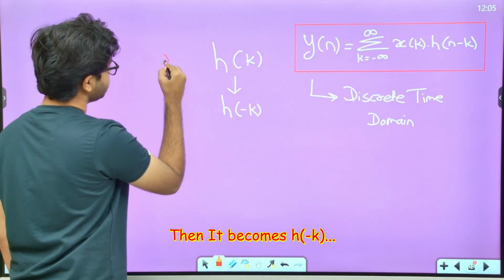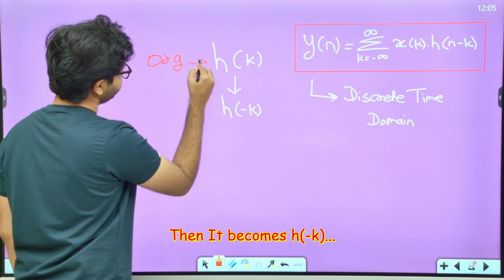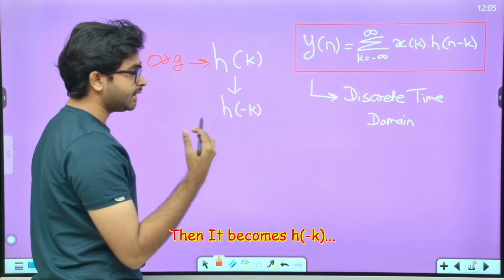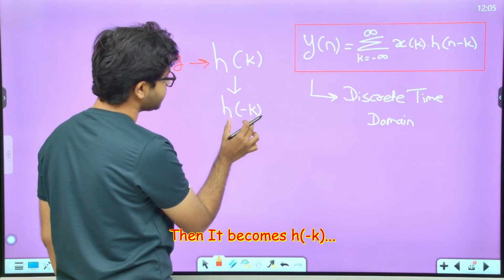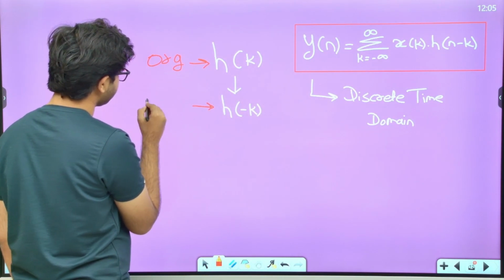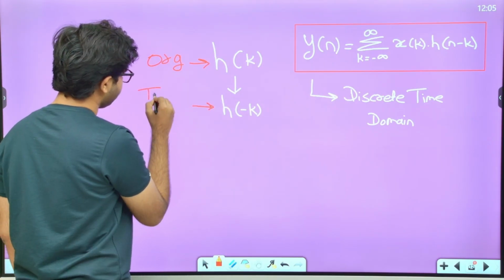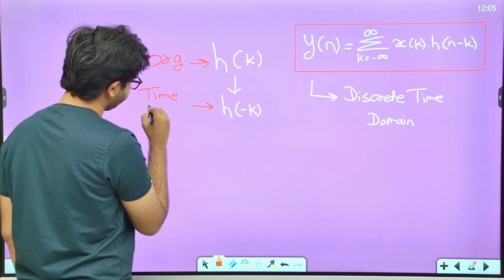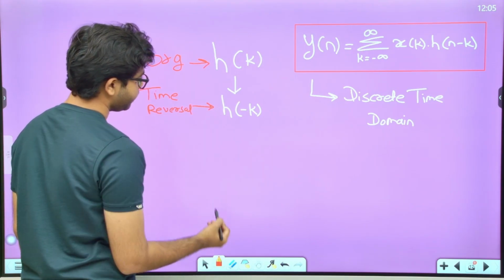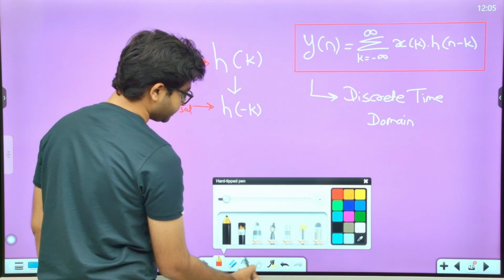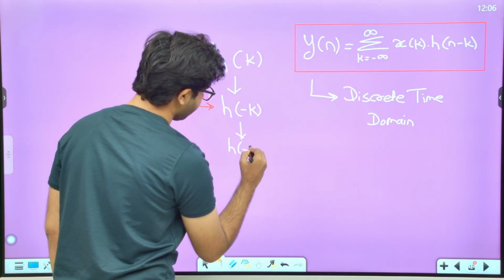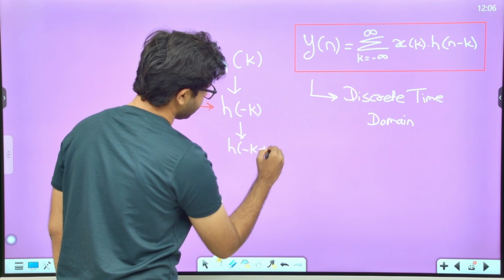This is the original signal. Then this is x of minus k, and we can directly say what x of minus k is: it's a time reversal, or time folding. Then next comes h of minus k plus n.